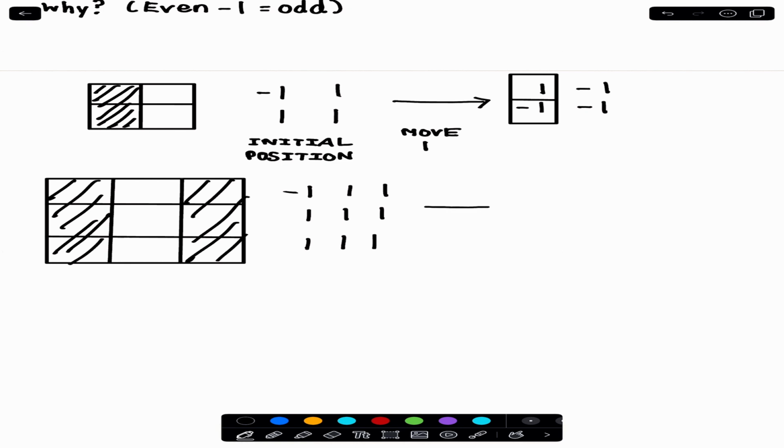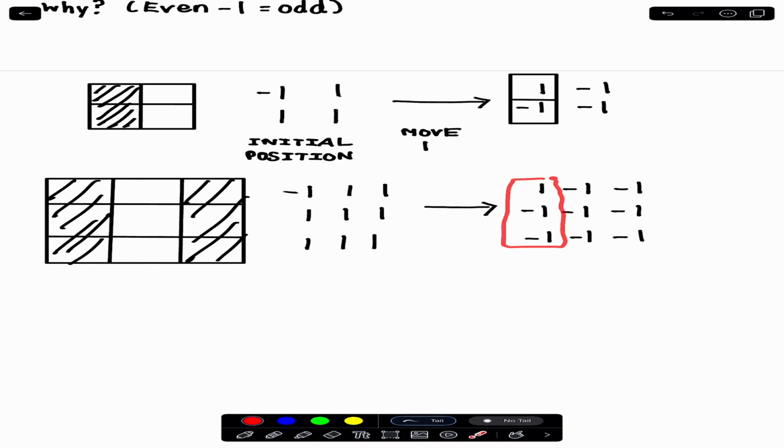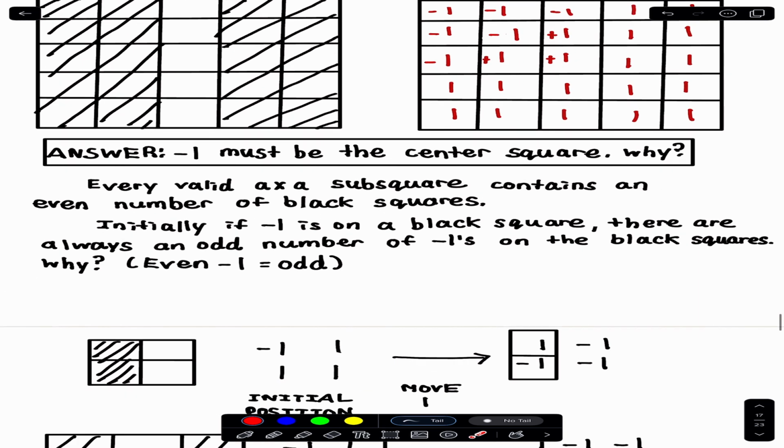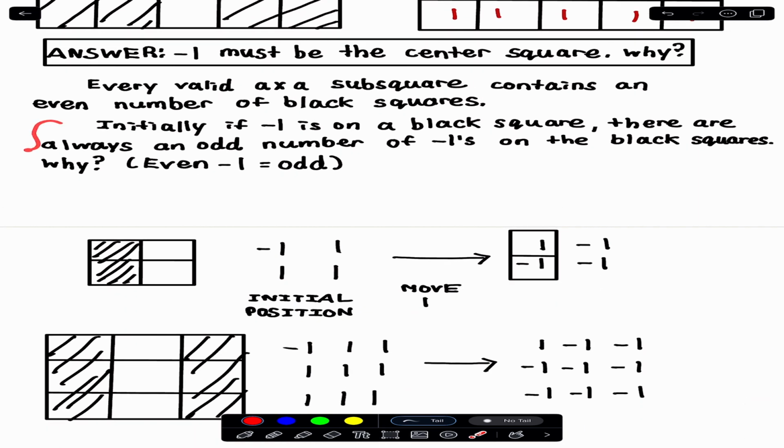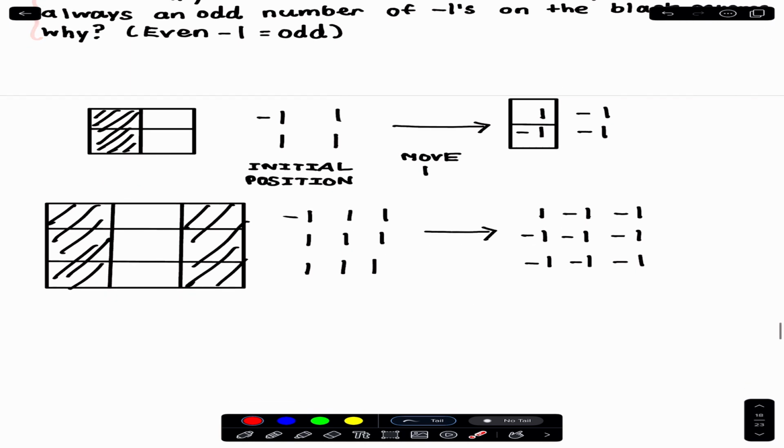So this is our initial position, and then after a move, everything gets flipped. And as we can see in the black column, so that would be this, how many negative ones do we have? Now we have 1, 2, 3, 4, 5, which is odd indeed. So you can keep doing this to really convince yourself, but you'll find that this statement is true.